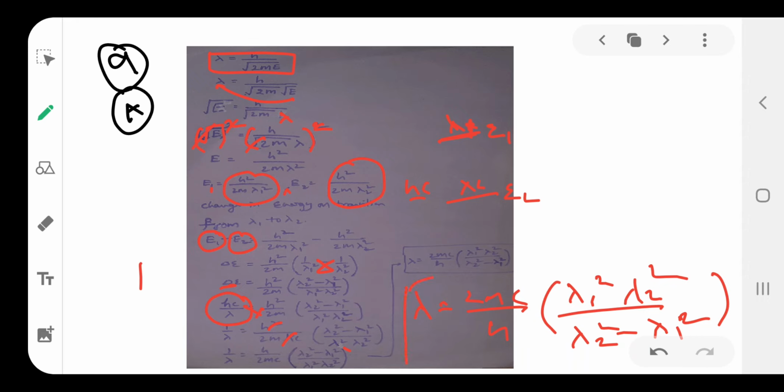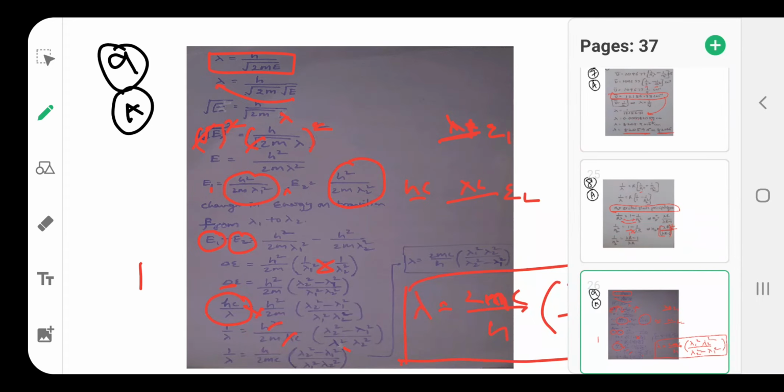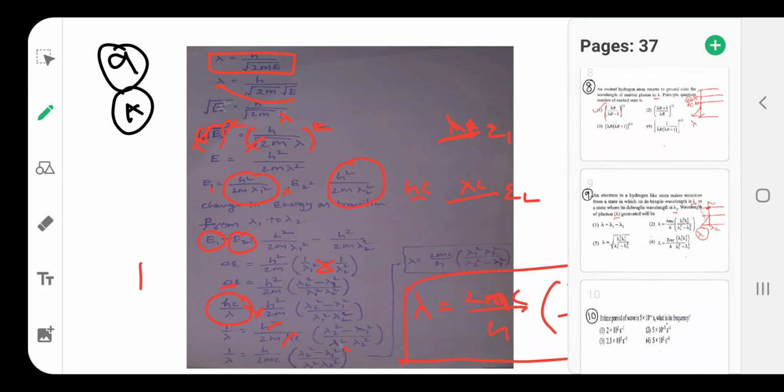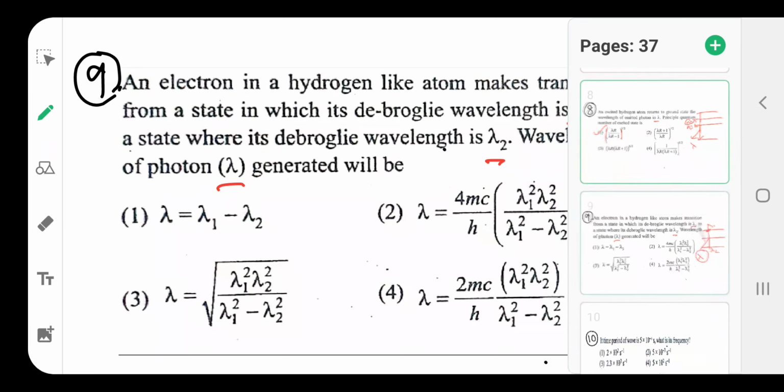So this is the wavelength of the photon. So this is the lambda value. Once again, lambda is equal to 2mc by h into lambda 1 square, lambda 2 square divided by lambda 2 square minus lambda 1 square.